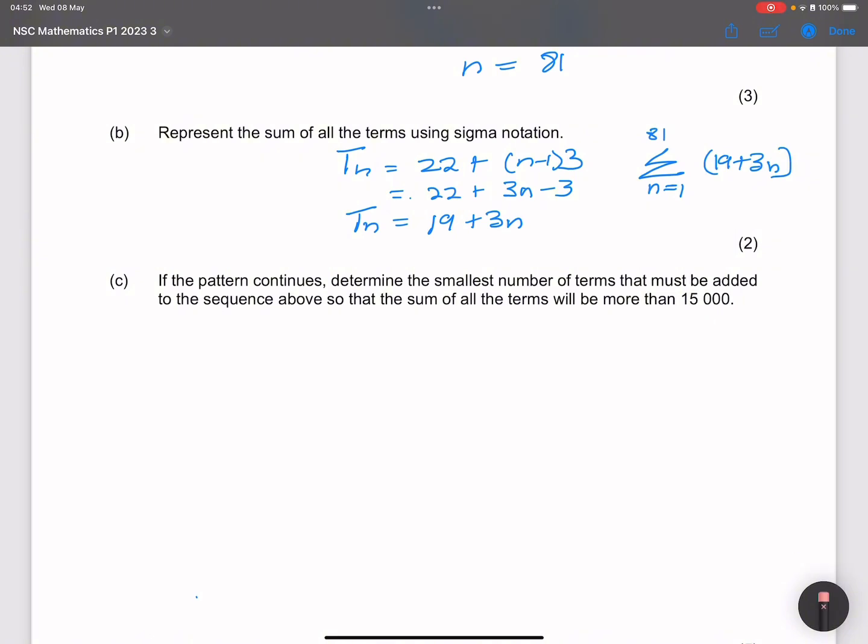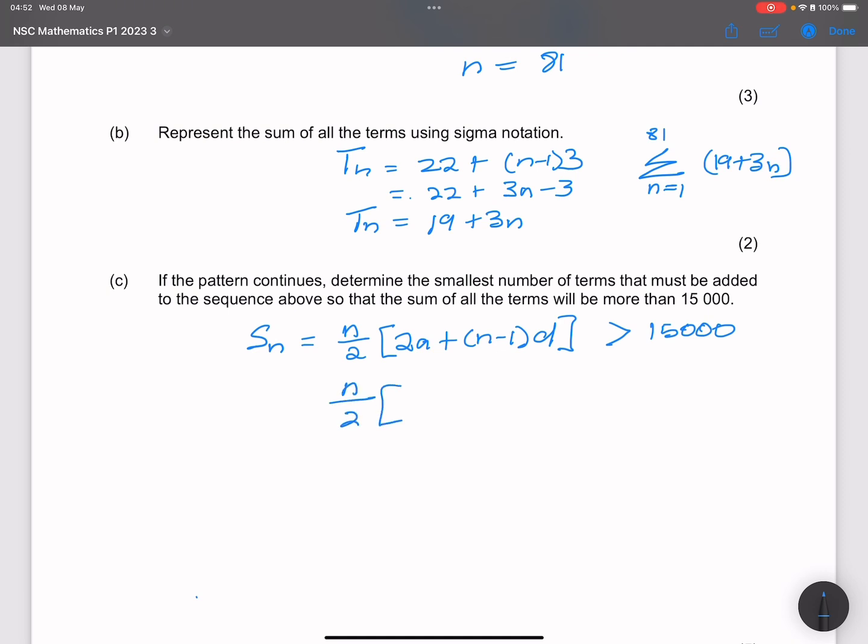So we're going to look for Sn, and this time we don't have the last term, right? So this is going to be Sn is n over 2 into 2a plus n minus 1 times d. Okay, and this must be greater than 15,000.